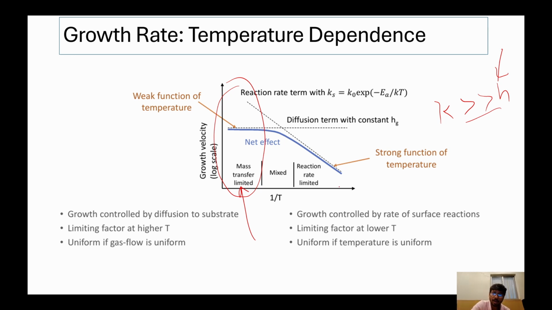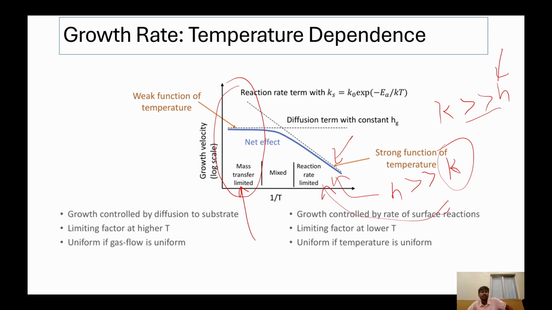And at lower temperatures, it is reaction rate limited, because reaction is very slow at low temperatures, but diffusion is still there. So in this region H is much greater than K. Reaction rate is very low, so it is limited by the reaction.